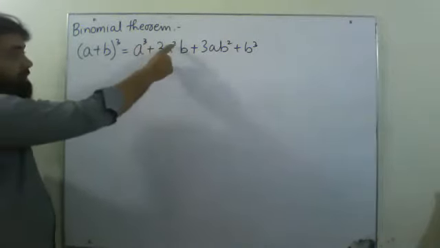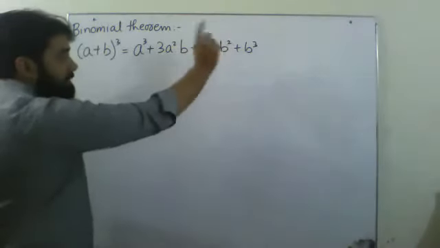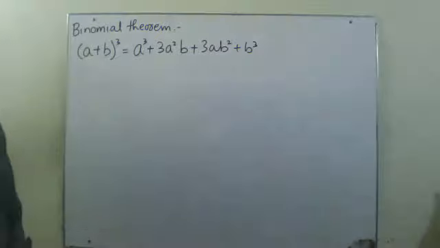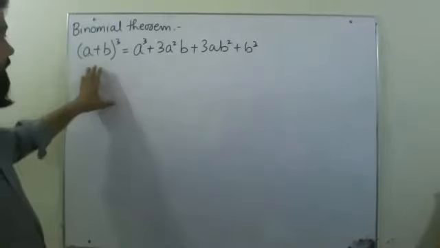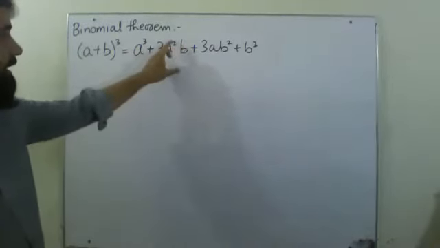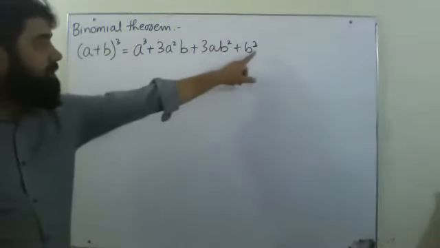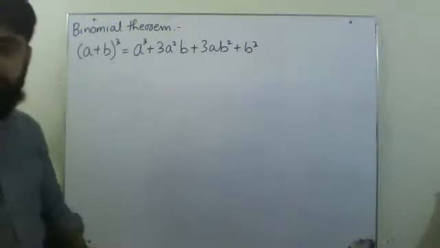Here it is a square and b power 1, then a power 1 and b square, and then b cube. All of them add up to 3. 2 here, 1 here, add up to 3. 1 here, 2 here, add up to 3. And this is also 3.